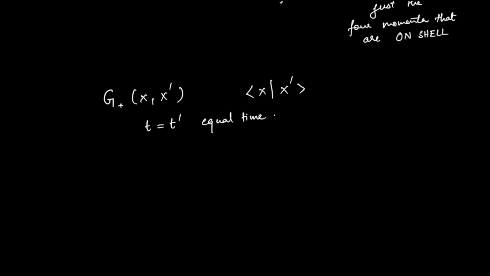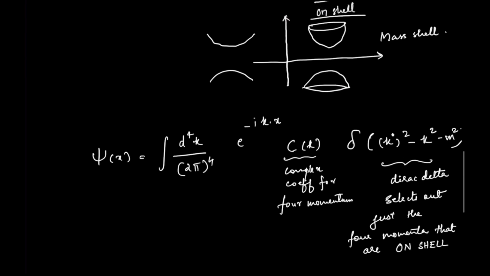If I want to calculate the explicit expression for G plus for equal time, then I have to substitute t equal to t prime in equation number 1.